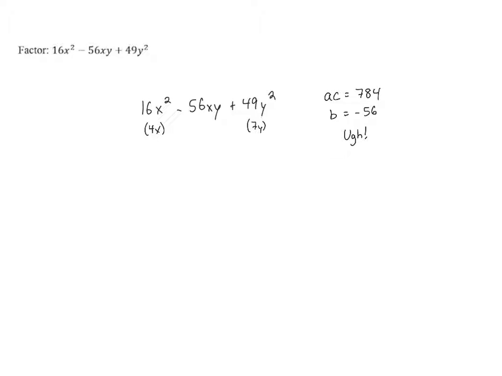If we multiply those together, 4x times 7y is 28xy. And if we double that, if we multiply that by 2, we get 56xy, which means this is in the right form to be a perfect trinomial square.